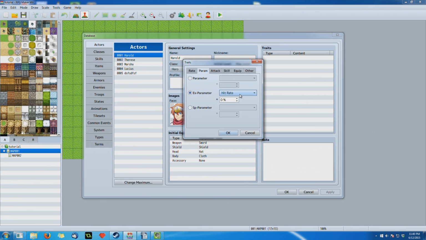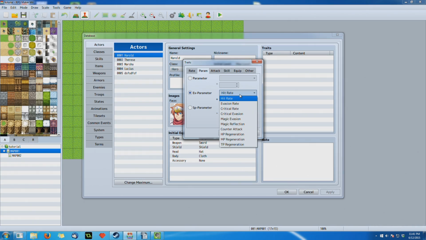So if you have a 50% evasion rate, then you'll evade 50% of attacks. Like I said, there's a bit more math behind it than that, but I don't know the exact math, so I can't really comment on that. The critical rate is the chance for an attack to be a critical. Say we have a critical rate of 5%, that means when we do an attack, it has a 5% chance of being a critical.